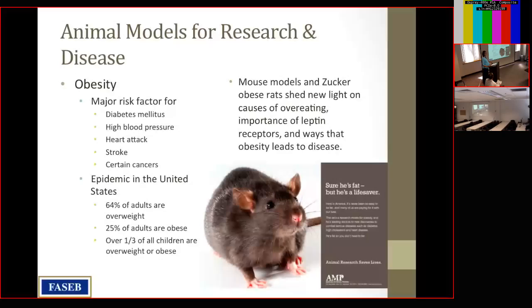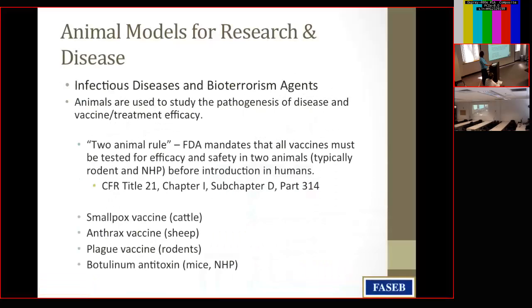Another field which has gained a lot of research focus lately is infectious disease and the role of these agents as bioterrorism agents. As I mentioned earlier, animals are a necessary component of the vaccine and treatment development process as dictated by the FDA. Tulane has played a large role in the understanding of the pathogenesis of HIV and the development of AIDS.